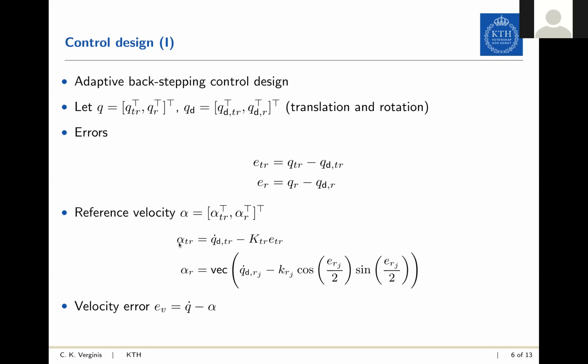But these two expressions are equivalent. Once we have defined these reference velocities, we formulate the respective error, which is the actual velocity of the robot minus the reference velocity. Since we would like the robot to have the reference velocity, we want this error to also converge to zero.